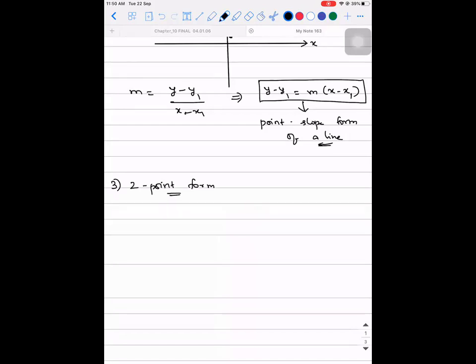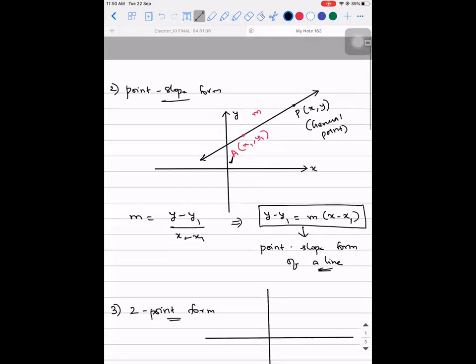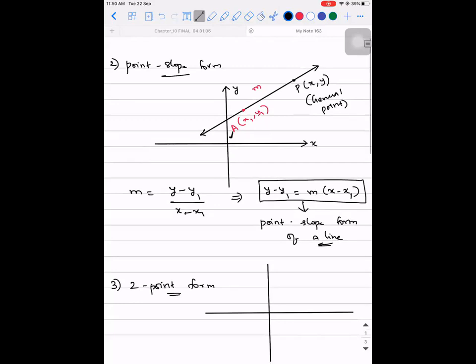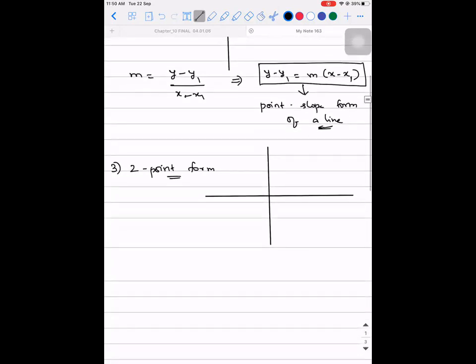The name is suggesting it again. Whatever is there before the form, that is given in the question. So what is given here? There are 2 points that are given to us. In the previous case, what was given to us? Point slope form means a point was given and a slope was given. Here, instead of giving the slope, what have they done? They have given 2 points.